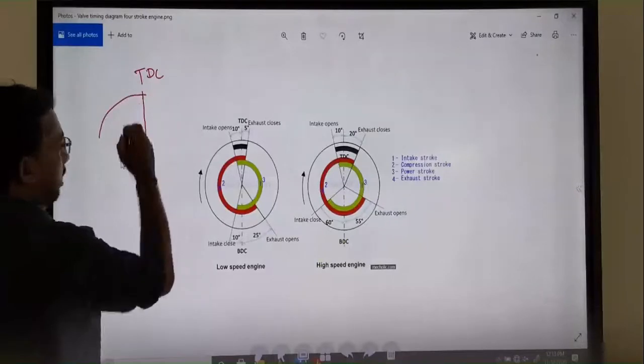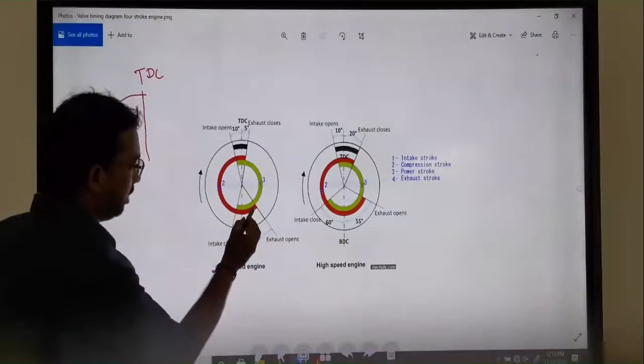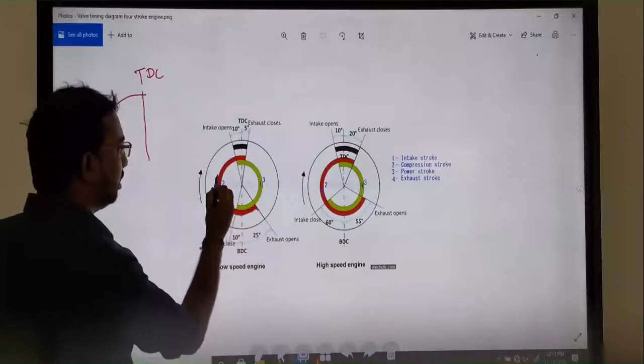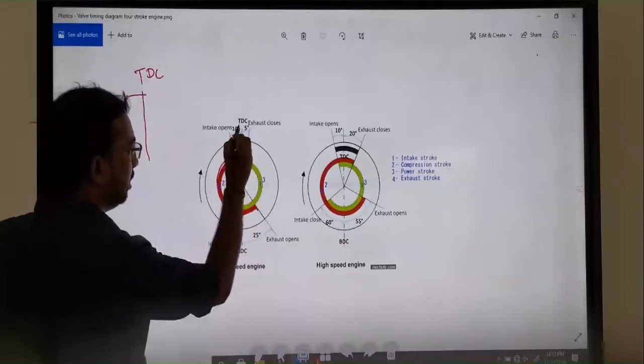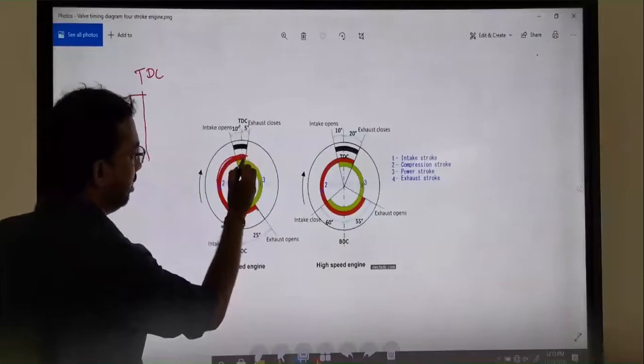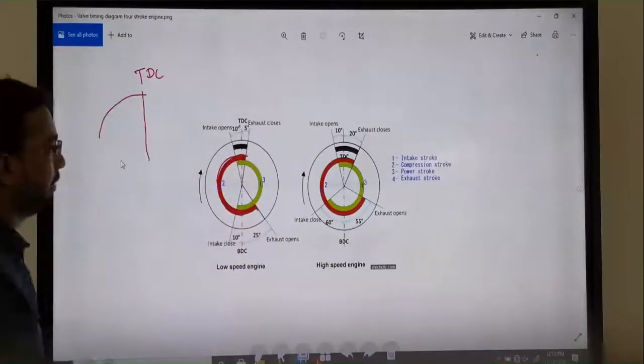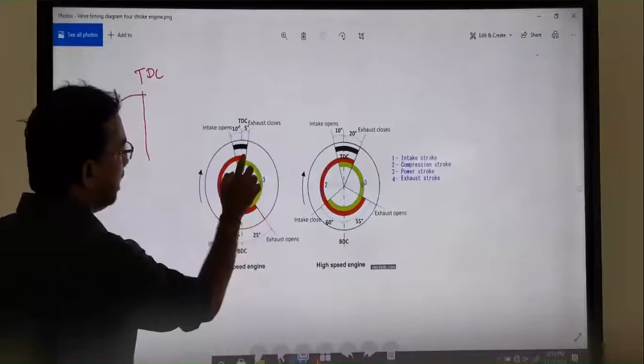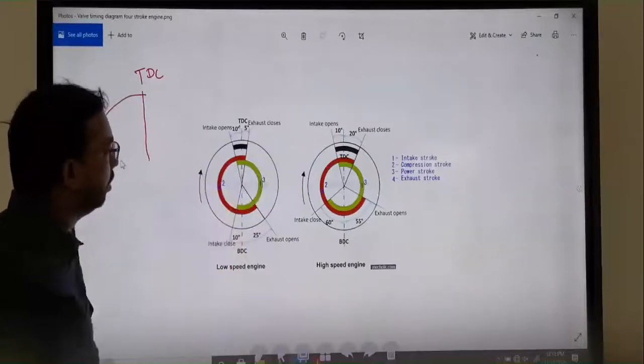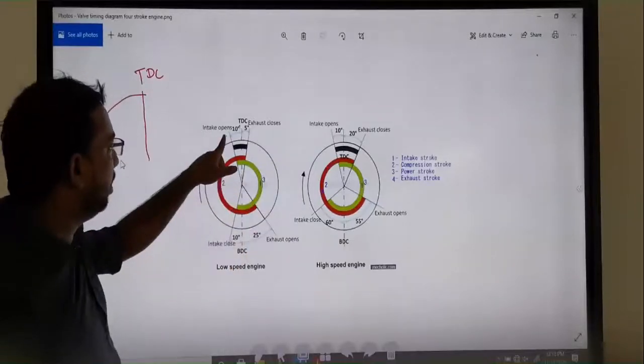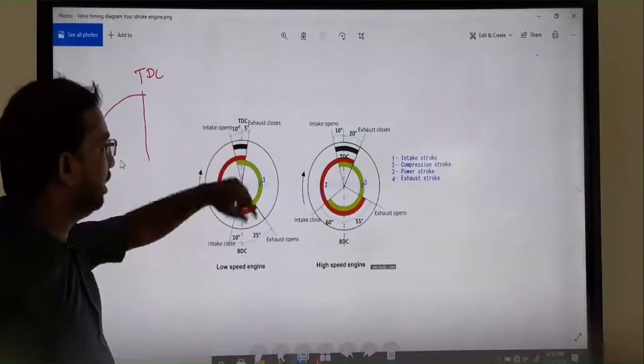It starts opening here. This is the crank rotation, and this is when it completes. This is the TDC line. A little bit after TDC the exhaust closes, and the intake valve opens a little bit before TDC.